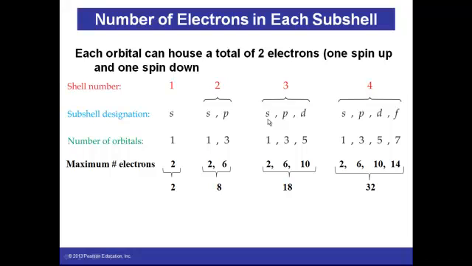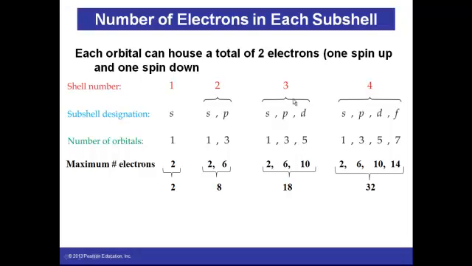Now in the third level, you've got S, P, and D apartment buildings or subshells, and each of these gets bigger and bigger. The S subshell only has 1 apartment, so this is our 1 orbital. The P still has 3. The D apartment building has 5 different orbitals. So you can have a maximum of 2 electrons in the S orbital at the third level, 6 in the P, and 10 in the D because you've got 5 orbitals here.